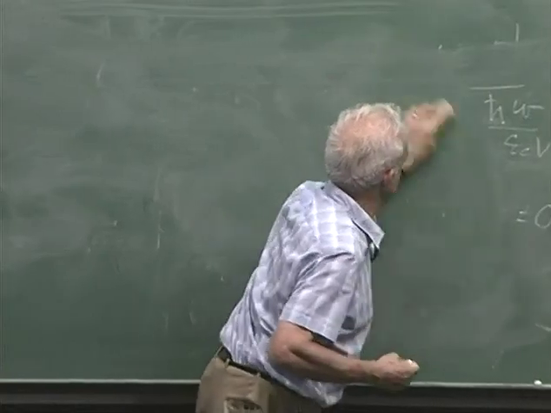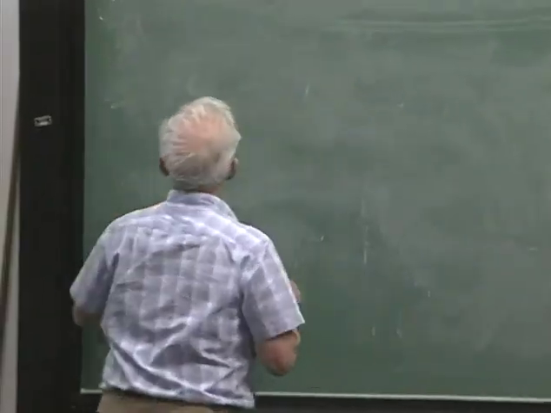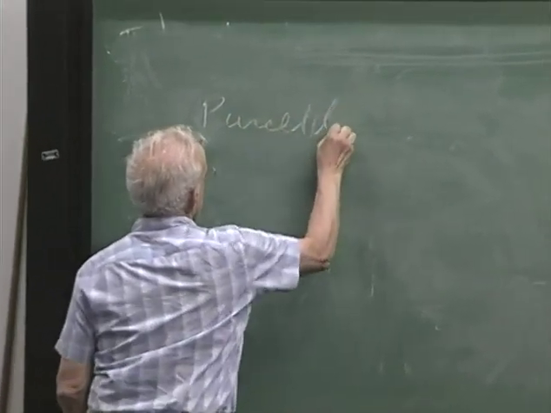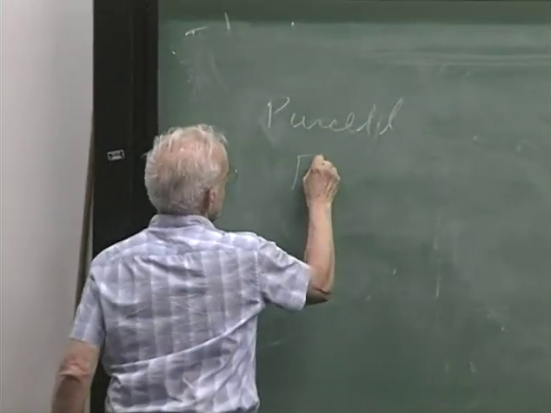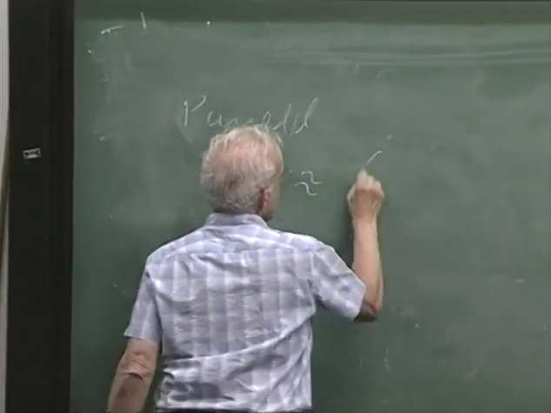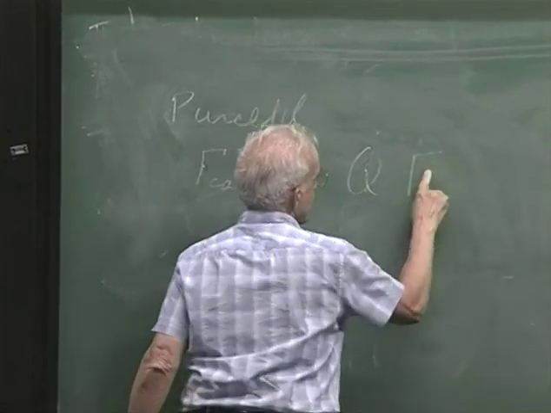so this is sort of the primary thought in the field, which was due to Purcell, that the radiation rate inside of a cavity is essentially Q times higher than the radiation rate in space.